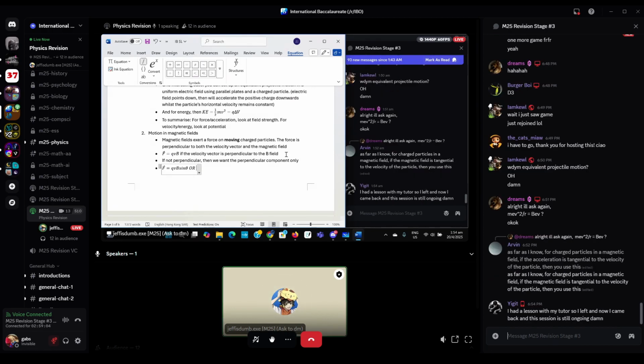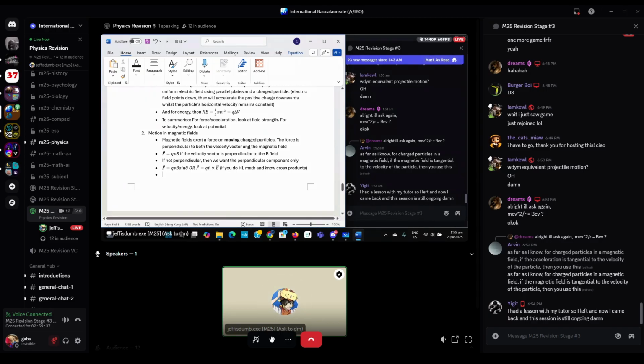Or if you do HL math, you also know you can see this as a cross product, F equals Q v cross B. For those who don't know cross products, how do you determine the direction?